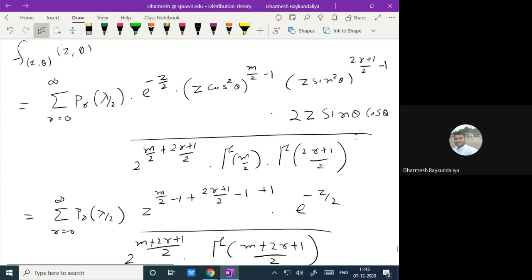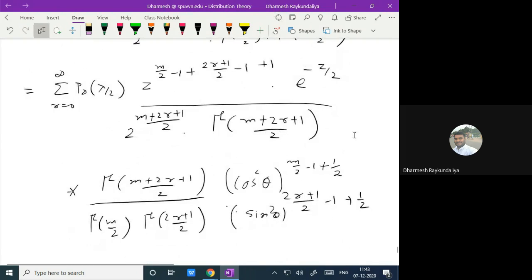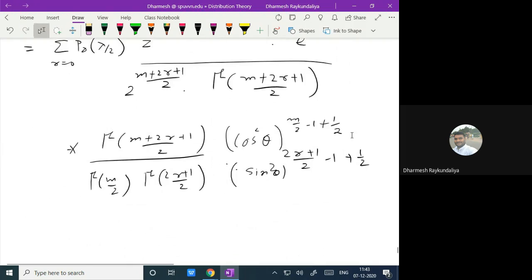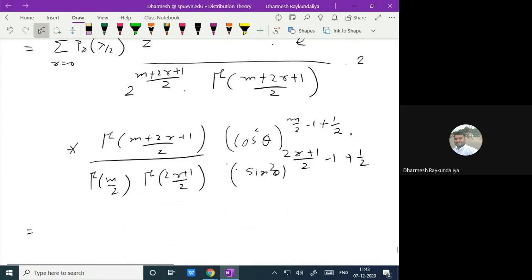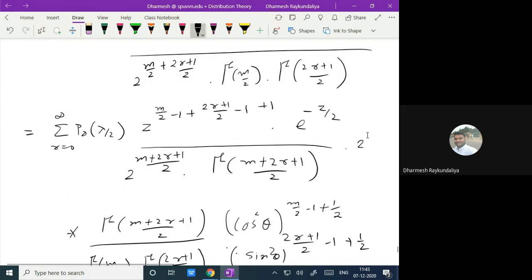Any missing part? Okay. Now last we will see about this 2, where it is 2. That is, here 2 is multiplied with this. So what is this form? Sum over r equal to 0 to infinity of probability of r lambda by 2. Here you can say that it is m by 2.